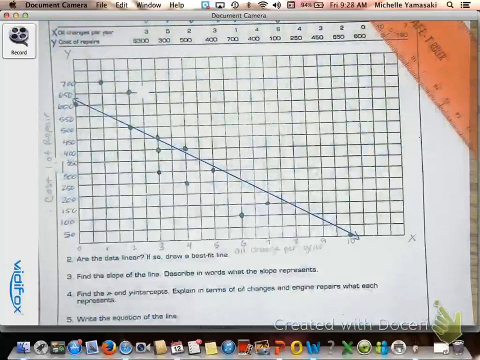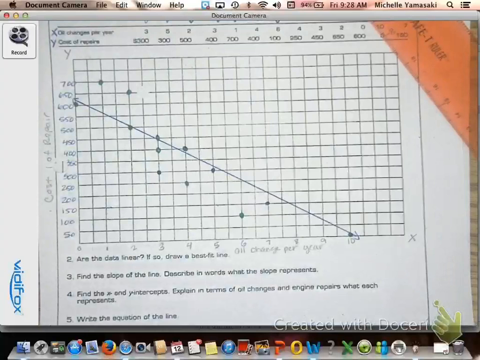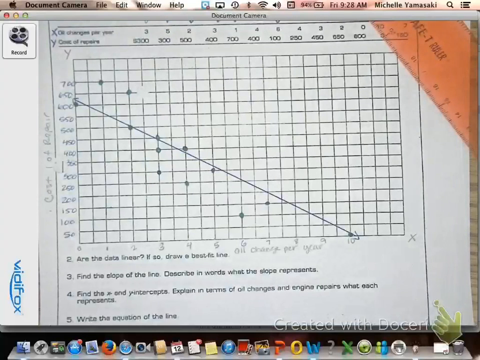The next thing we're going to do is ask ourselves the same set of questions. What do we need to write the equation of a line? Ari? Slope and a y-intercept. What's given? We kind of have the y-intercept.